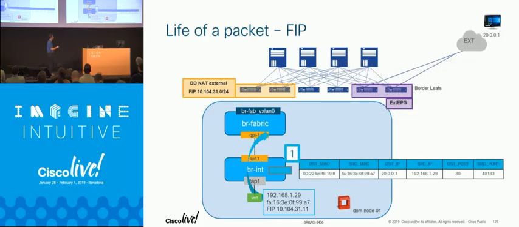So the OVS has all the information it needs to do the right encapsulation. So when the packet is generated, the destination MAC will be the bridge domain MAC address, so in this case the typical gateway, the MAC address of my bridge domain, standard, or you can change it if you want. Source MAC is the source MAC of the VM. The destination is the one I want to reach, and the source is my VM IP, right?